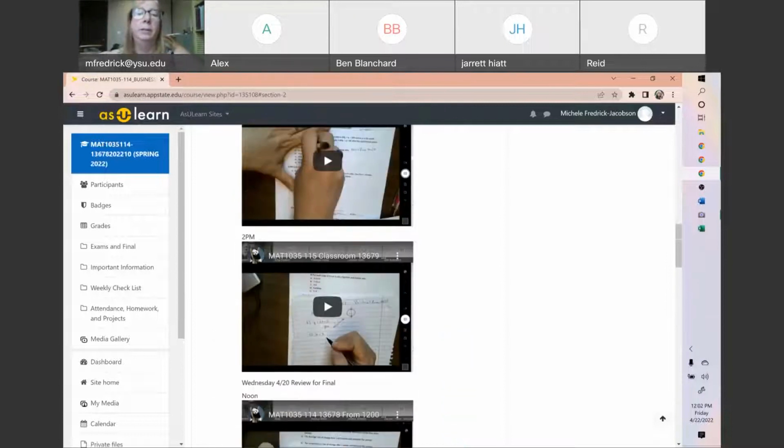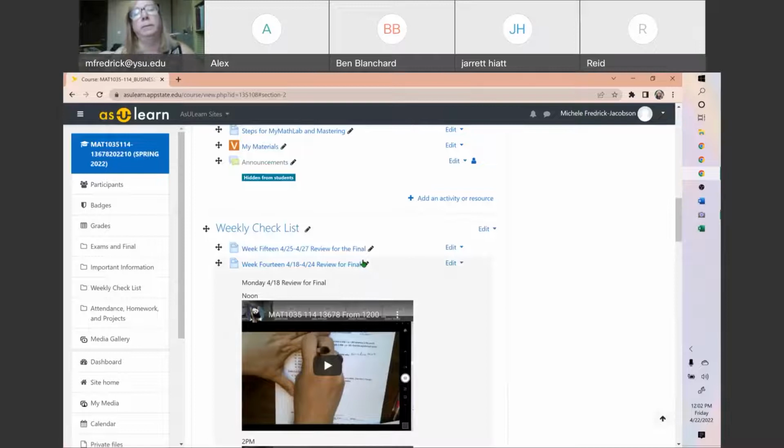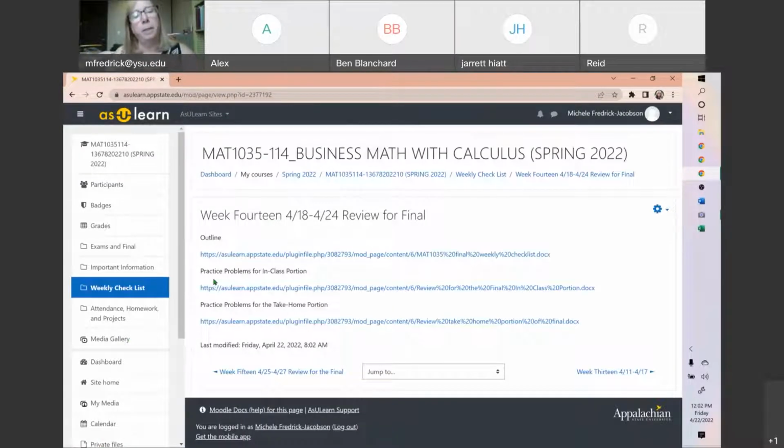And then I'll do the same thing next week for week 15. The practice problems we did this week are these. So the ones you're seeing on my paper are these ones. And then the take-home ones, whichever ones you have questions on, I'll do those. I probably could, I don't know if we could get them all done or not, so. Okay.